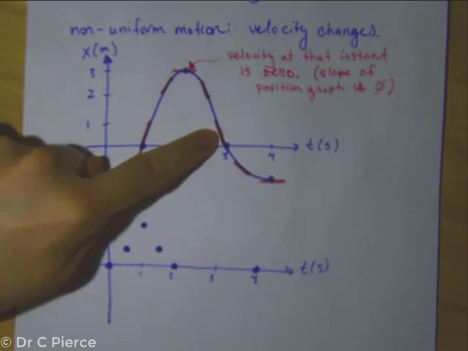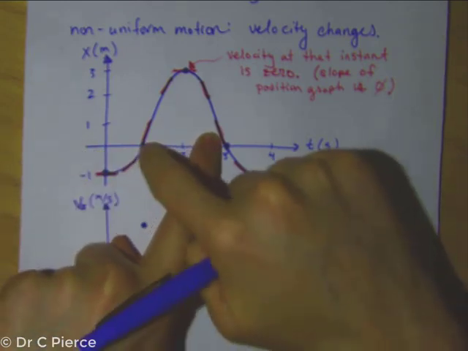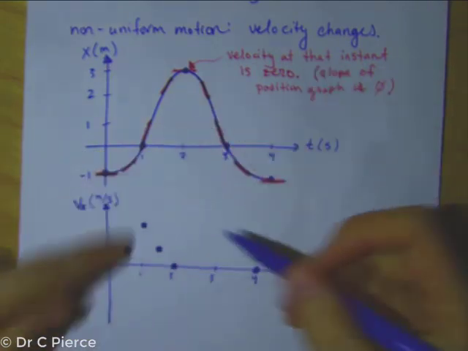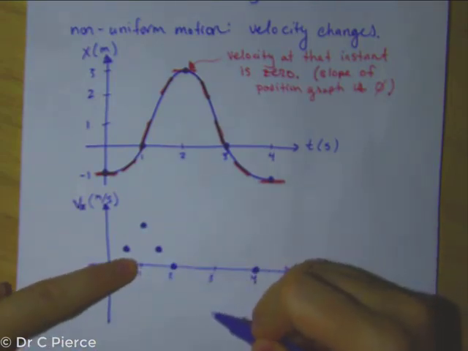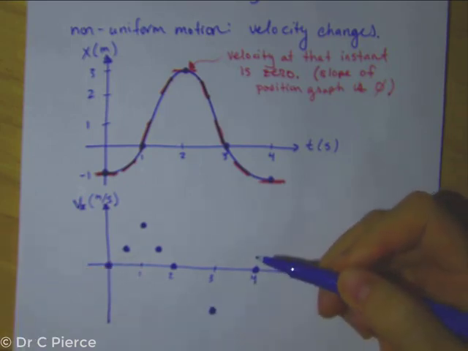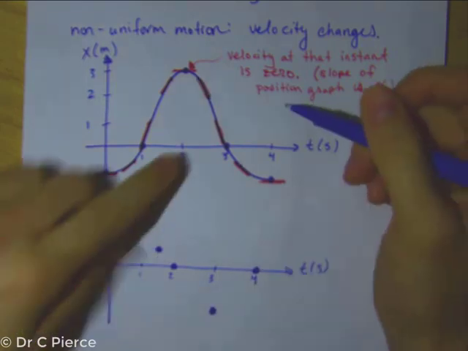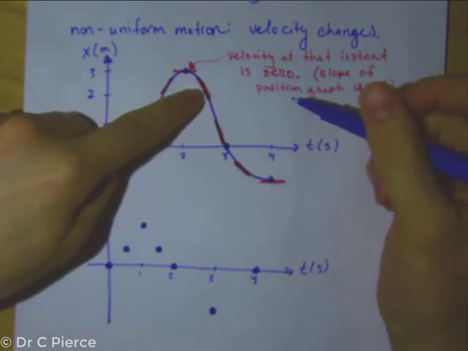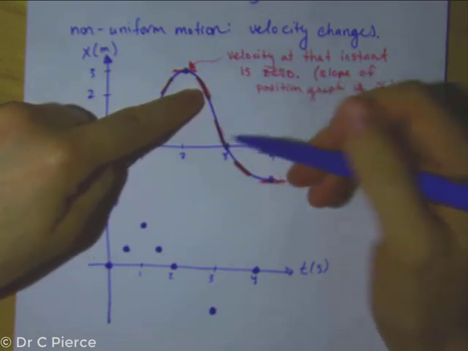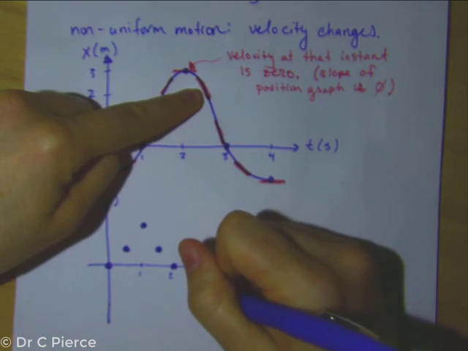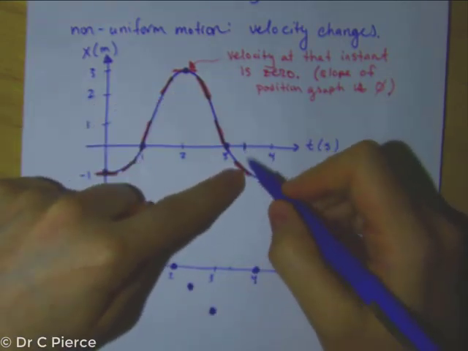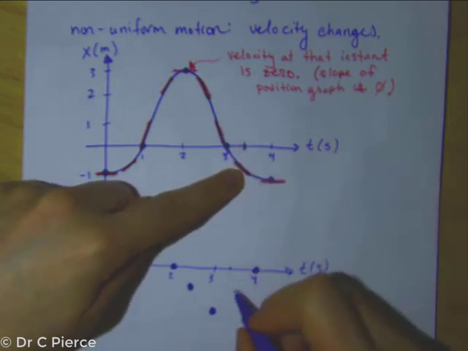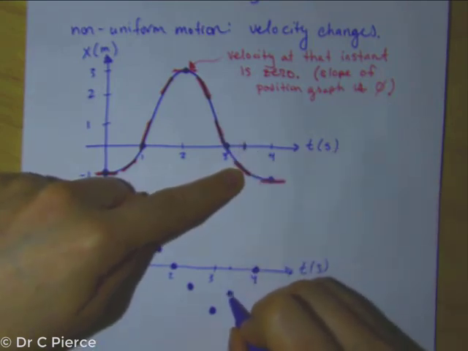Here, I had a negative slope, and it was a mirror image of this. So instead of being positive at a certain value, I'm going to go negative at that same value. At time 2.5, it had a negative slope, but maybe not as steep as this one. So maybe I'll draw a dot in here.